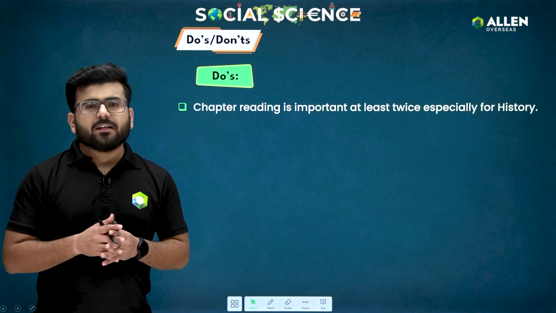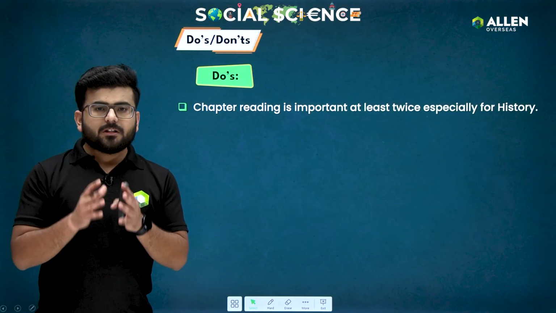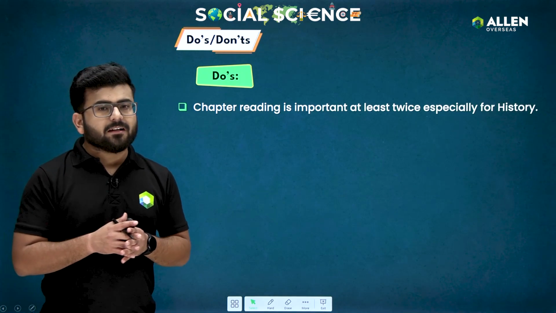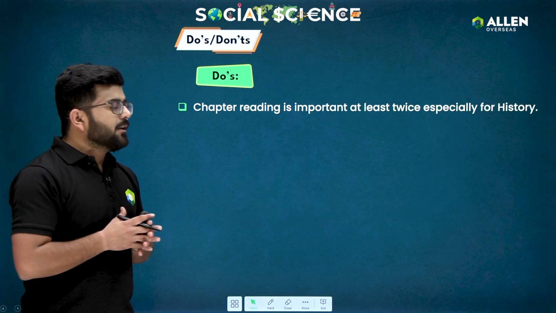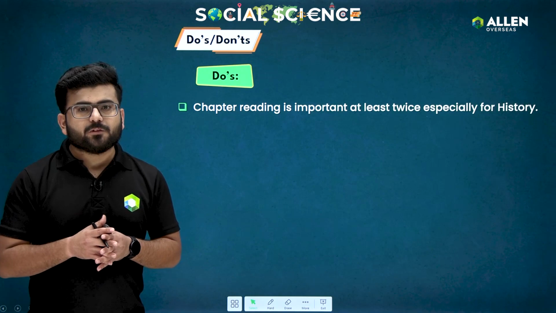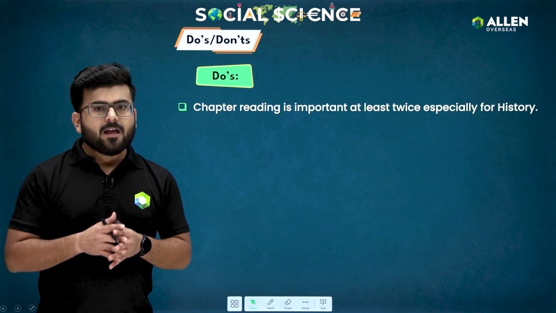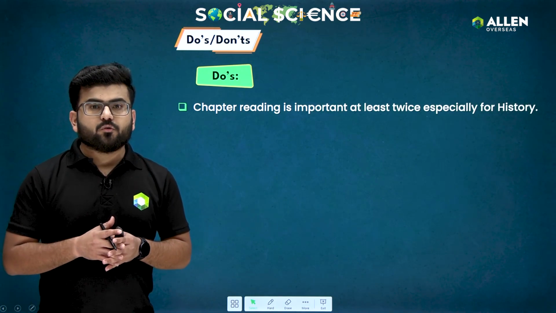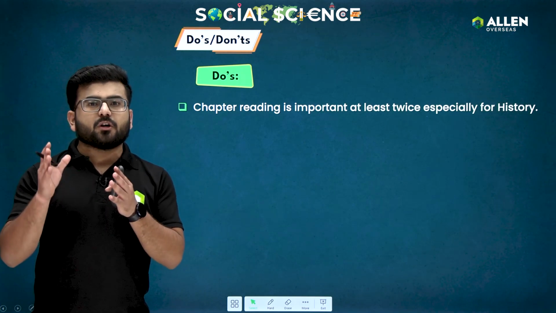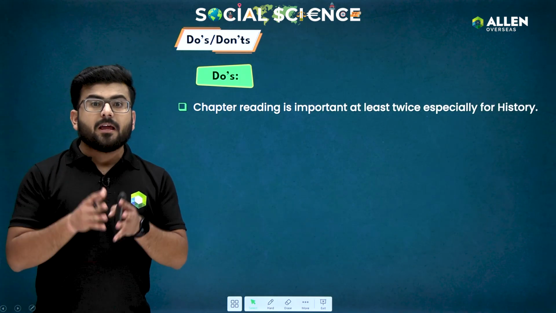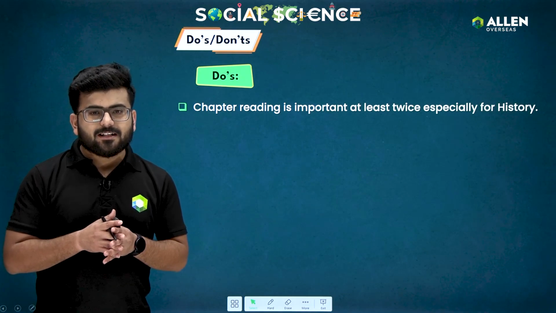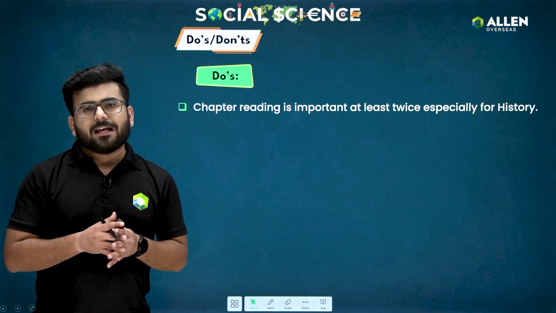The very first thing we should do to make our preparation more effective is chapter reading. Students, we have some chapters which are very lengthy, especially in history. We may have 20 objective type questions, and many case-based study questions in which our general approach is asked.